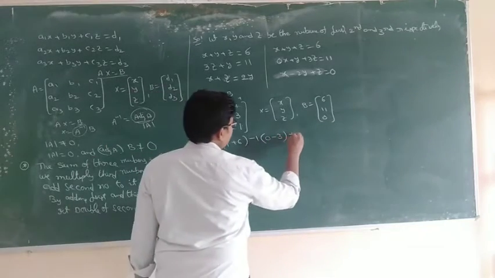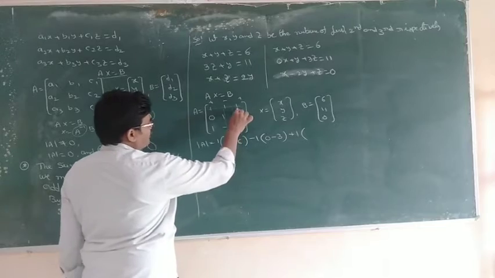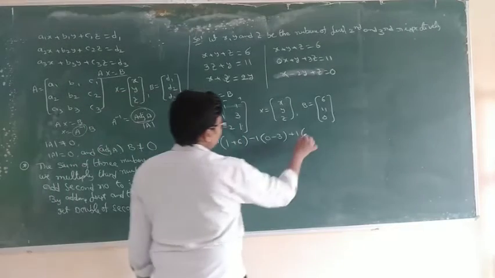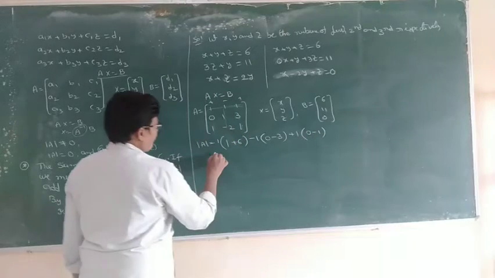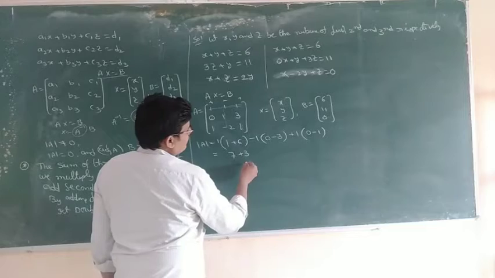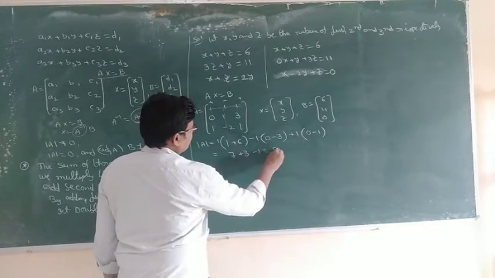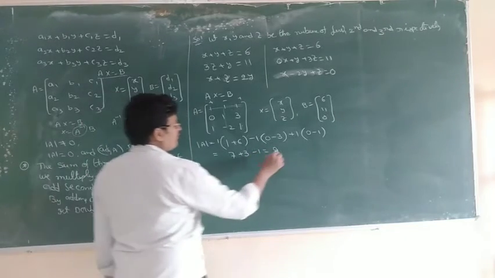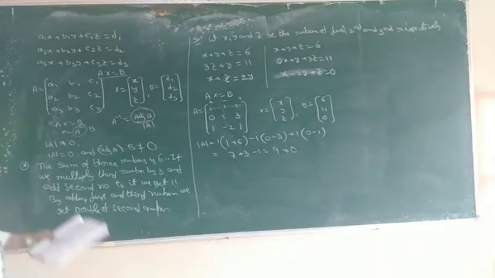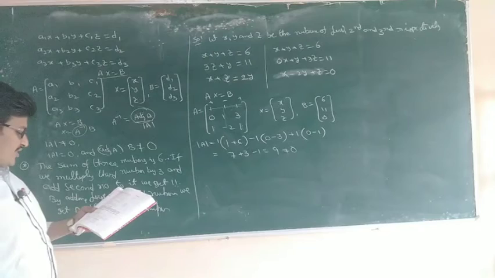Next, plus 1 into the corresponding row, 0 into minus 2 0. So 7 plus 3 minus 1 equals 9. So the determinant of A equals 9, which is not equal to 0, so the inverse exists.